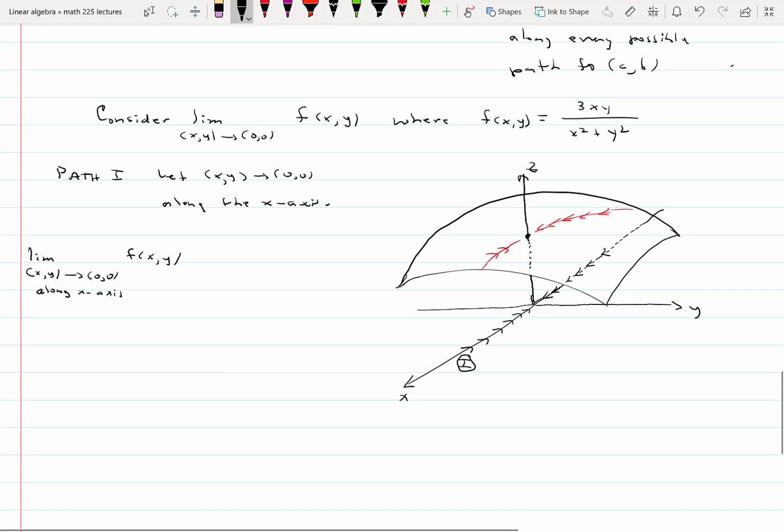Okay, well, let's push this forward a little bit. Along the x-axis, what does a typical point look like? It looks like x comma 0.